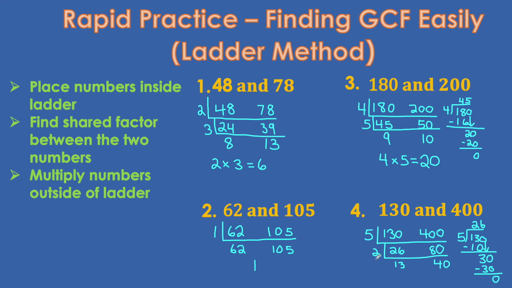Now, we're just going to multiply the numbers outside on the left of the ladder, which is just 5 times 2, which equals 10. So the GCF between 130 and 400 is 10. That is the greatest common factor between those two numbers.